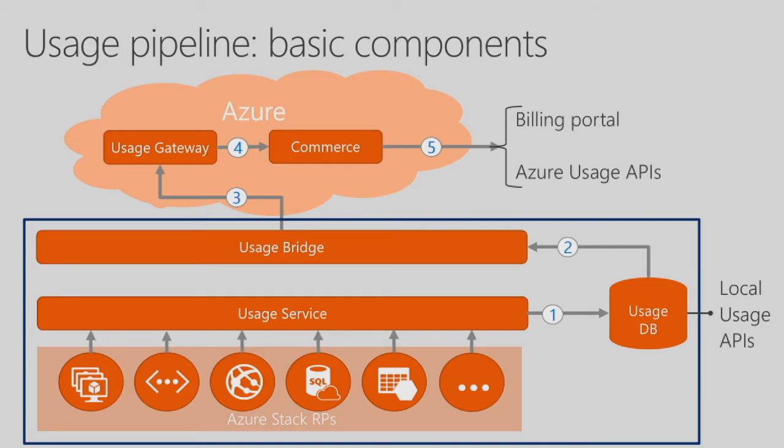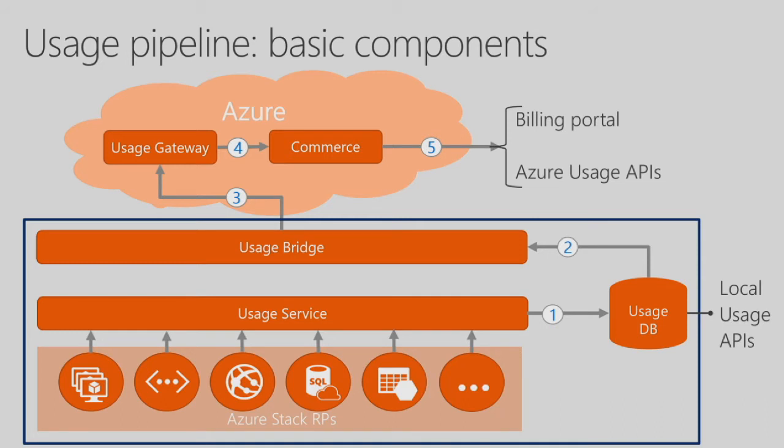Over the course of the last hour, it ran for 30 minutes. And it was used by a subscription, which has a subscription GUID, and so the usage information is tagged with the GUID of the subscription that is associated with it. This information is sent to the usage service. The usage service stores this information in a local database on Azure Stack called UsageDB.